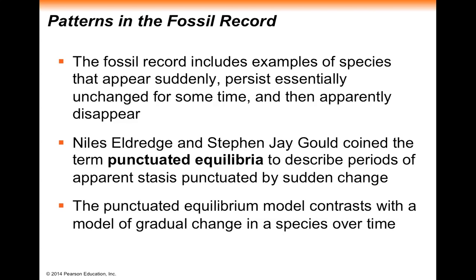So, Niles Eldredge and Stephen Jay Gould were two paleontologists who coined a term, punctuated equilibria, to describe how we can have long periods of stasis, or not much change occurring, and then they're punctuated by sudden change. And they actually stole that idea from plant evolutionary biologists, paleobotanists, but they were the ones who put the two 50-cent words together and called it punctuated equilibrium.